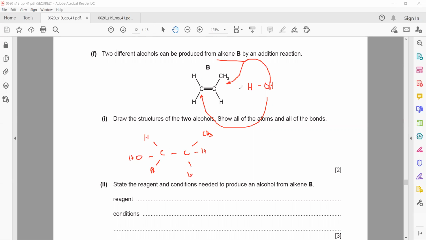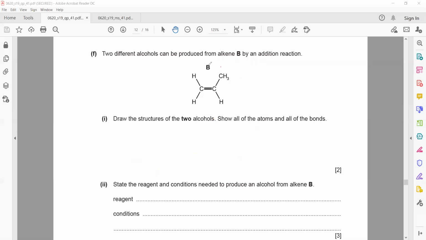What is the second possibility? OH might be added to the second carbon and hydrogen added to the first carbon. So that is propan-2-ol. You can make the chain straight as well; it does not make a difference.